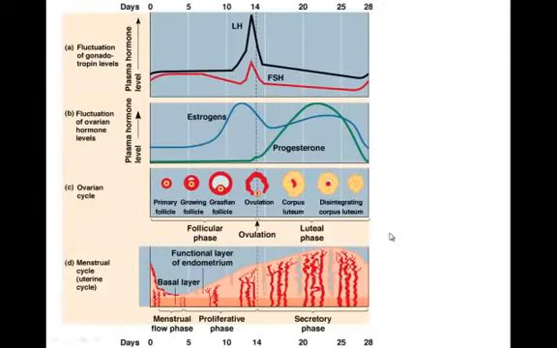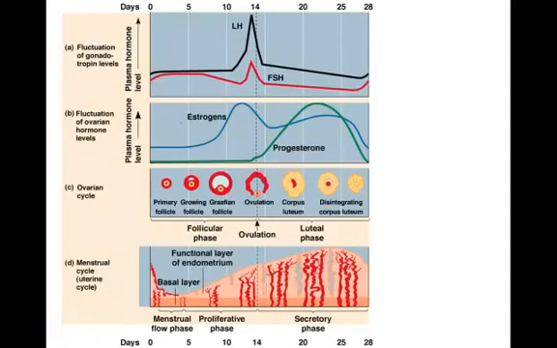We can see on this slide the events in terms of the days 0 to 28 and the events occurring in the ovary compared to the events occurring in the actual uterus. The hormones are labeled up here, and we've got LH and FSH and estrogen and progesterone.